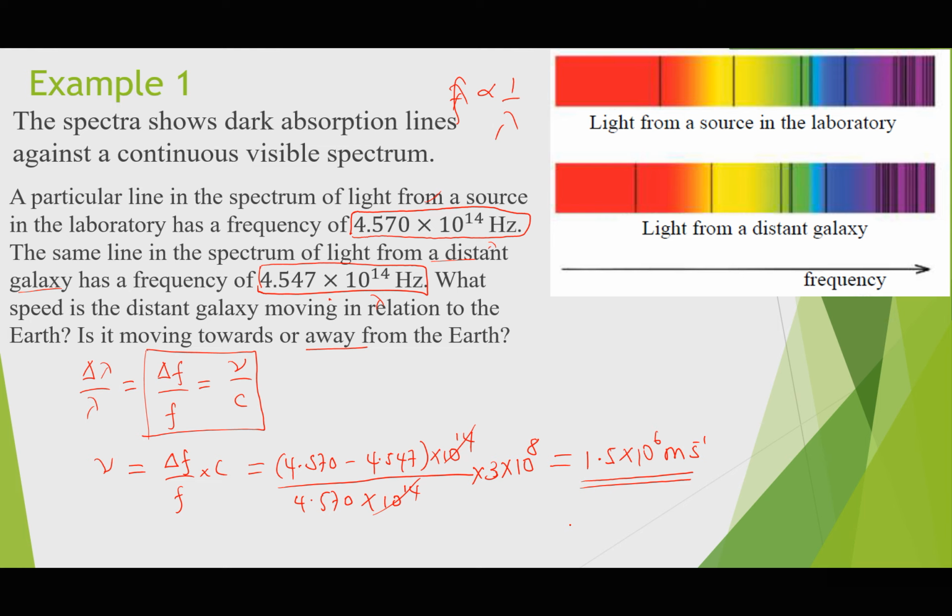We are saying that because the observed frequency is less than the known frequency in the laboratory, and frequency is inversely proportional to wavelength, it means the observed wavelength is more than the wavelength in the laboratory. So we conclude that it is already shifted, or it is moving away.